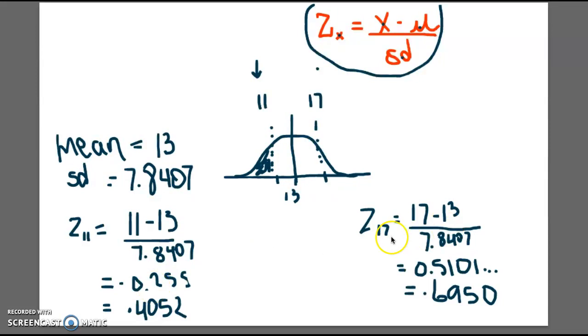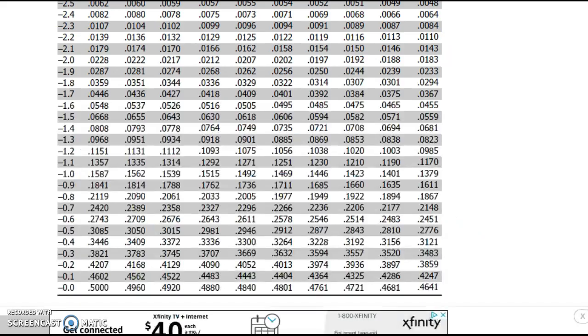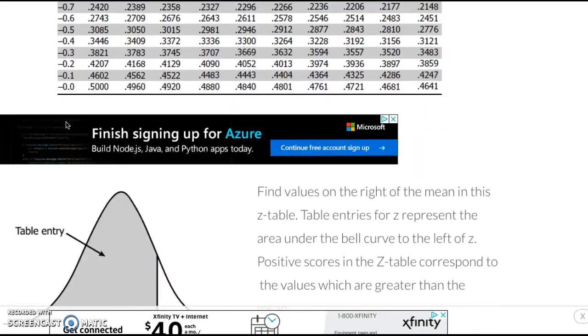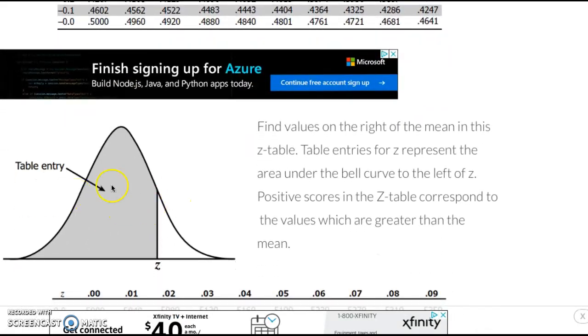And then this one here is positive. Notice that it's on the other side of my mean, and so my z-score will be positive. So I'm going to use the positive z-score table down here. That will give me this area over here.